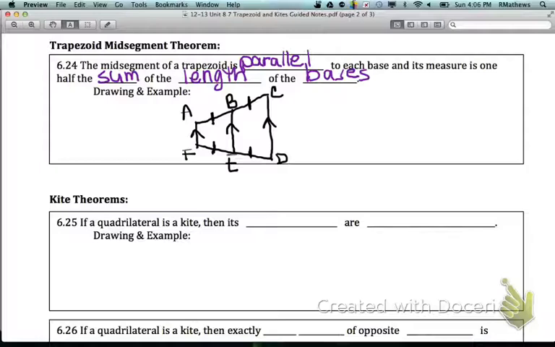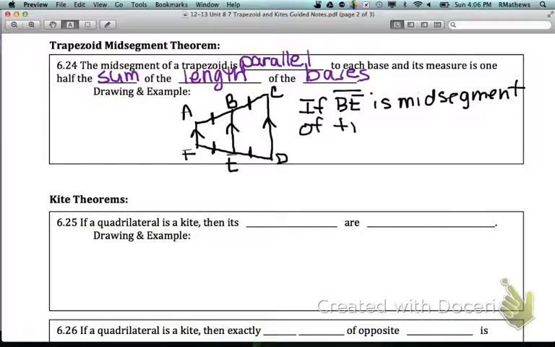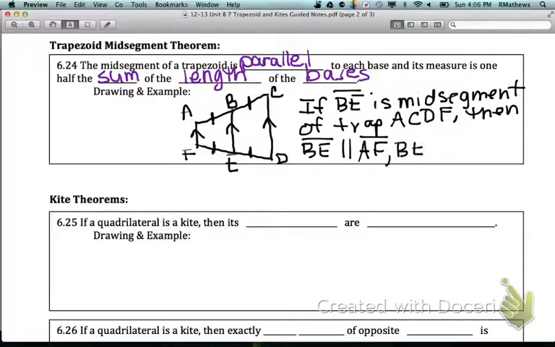Okay, so in this example, I've drawn trapezoid ACDF, and I've made BE the mid-segment. So how this would look would be, if BE is the mid-segment of trapezoid ACDF, then we would say BE, that mid-segment, is parallel to AF, and BE is parallel to CD.